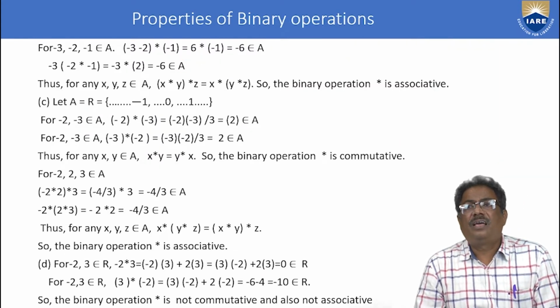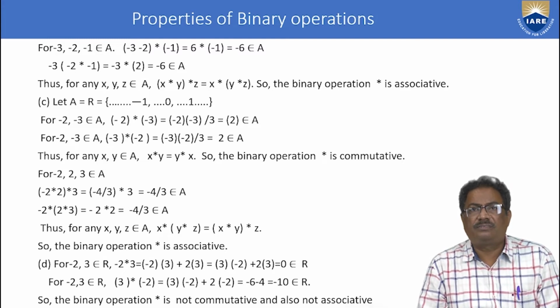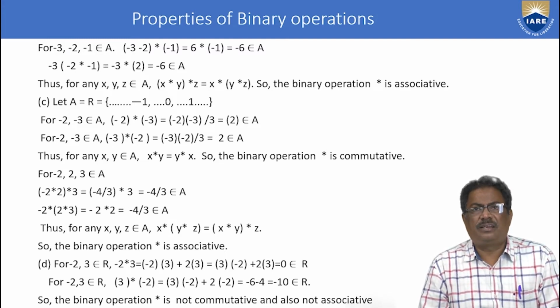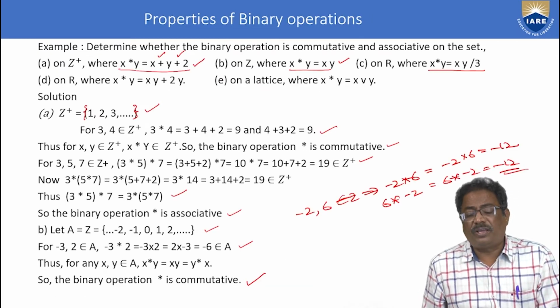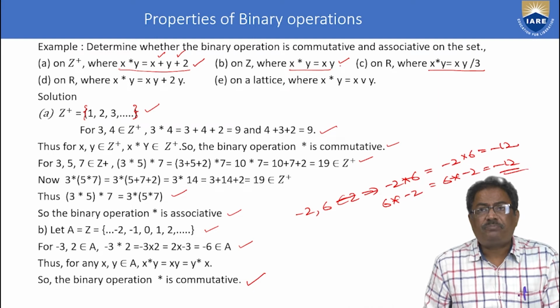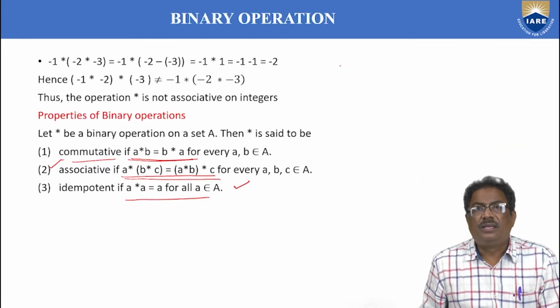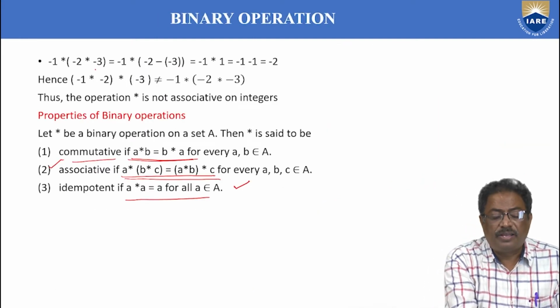But whether the associative law is satisfied or not, we have to verify. Anyhow, here it will be xy. Now we have to verify for any three elements.